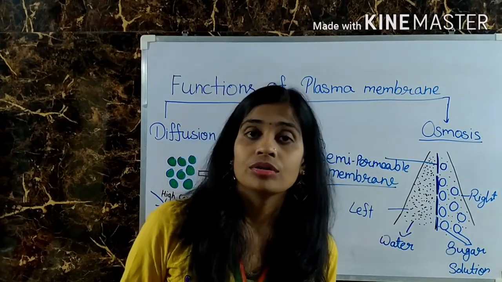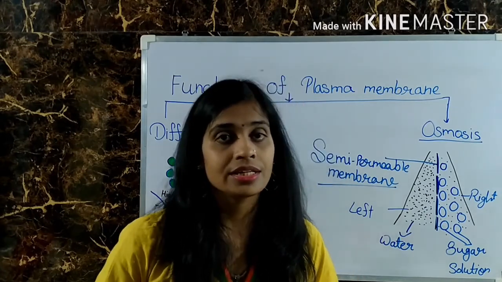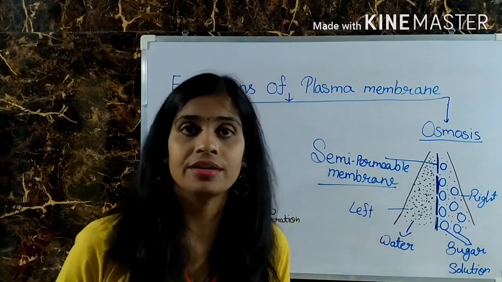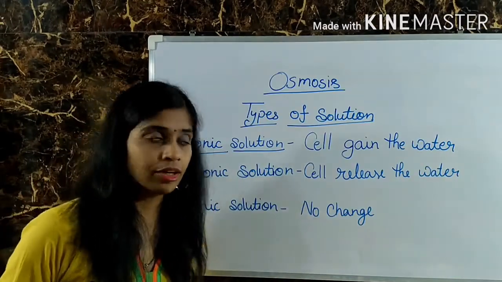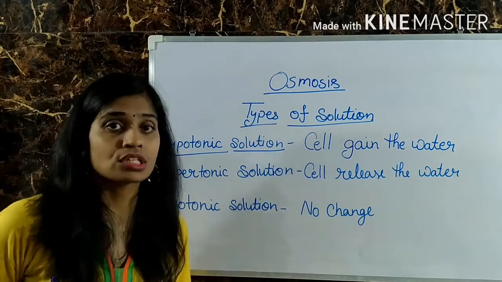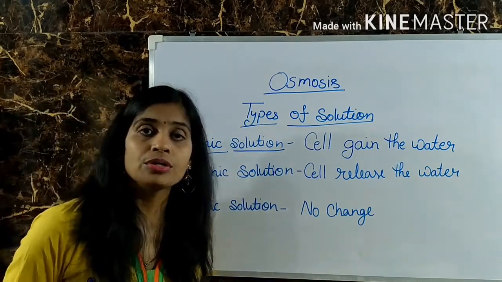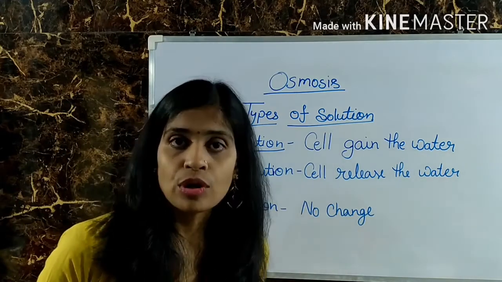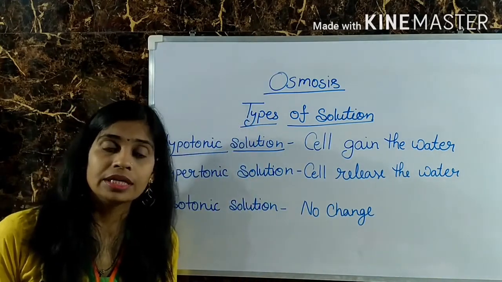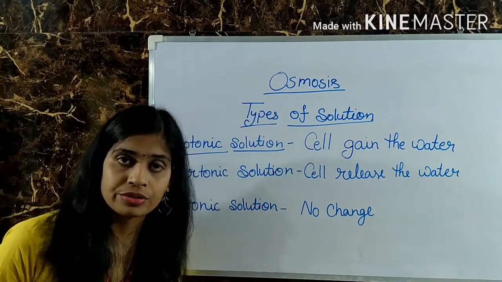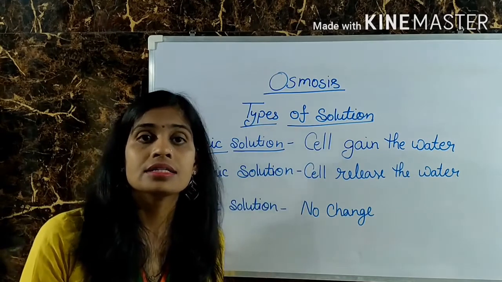And how do the types of solution define osmosis? Let's see the types of solution that define osmosis. The hypotonic solution is a type of solution in which the cell is put in a higher water concentration, meaning the water concentration is higher than in the cell.